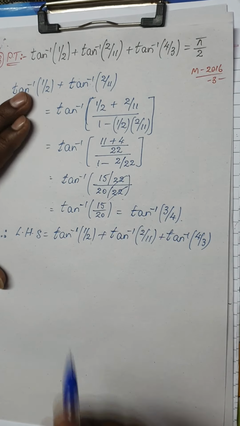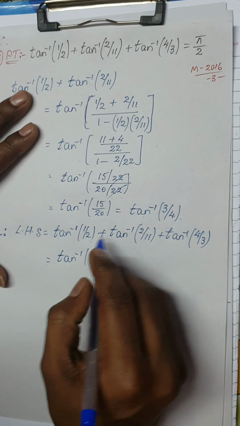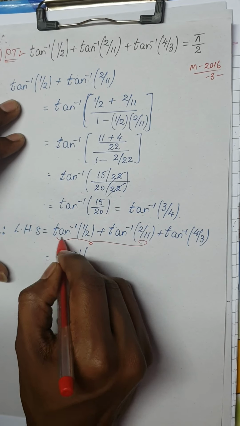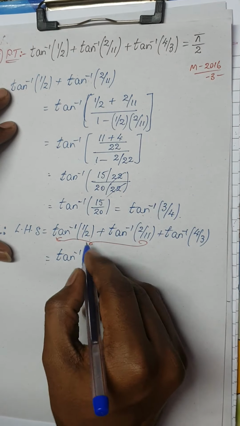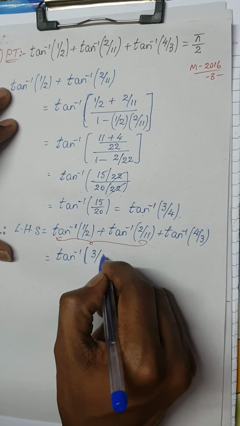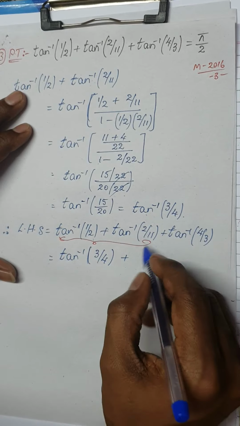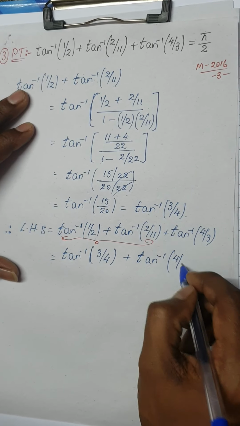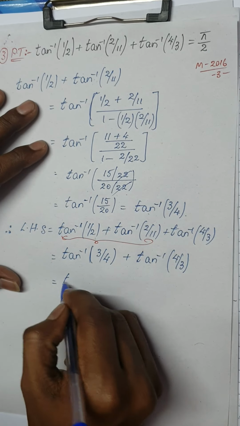What is the value of tan inverse of 1 by 2 plus tan inverse of 2 by 11? I've just proved it here. This is nothing but tan inverse of 3 by 4, plus now I'm going to keep this as tan inverse of 4 by 3.